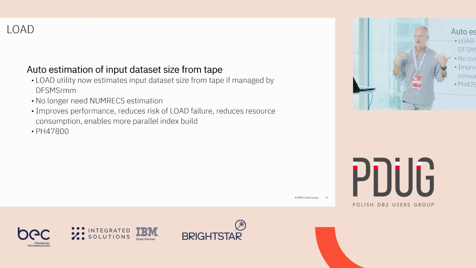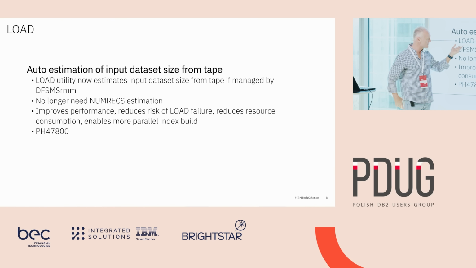But if the input data set is on tape, we had no idea how big that input data set was on tape. We don't have to scan the whole input data set, figure out how big it is, and then go back and scan it a second time in order to go and read all of the data.